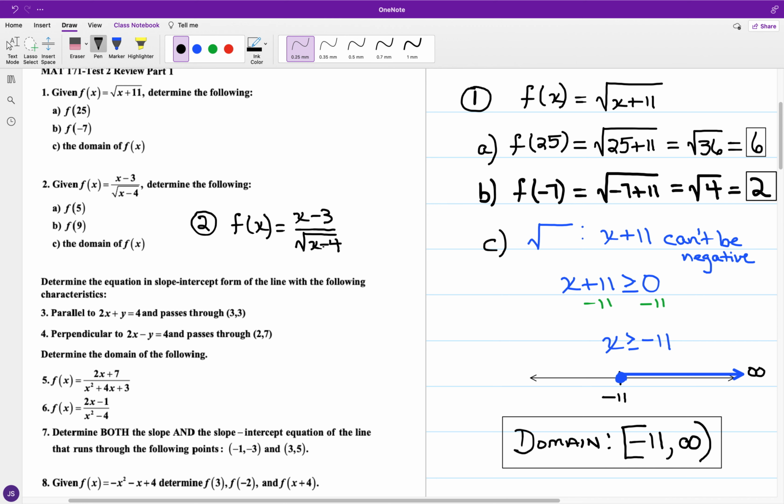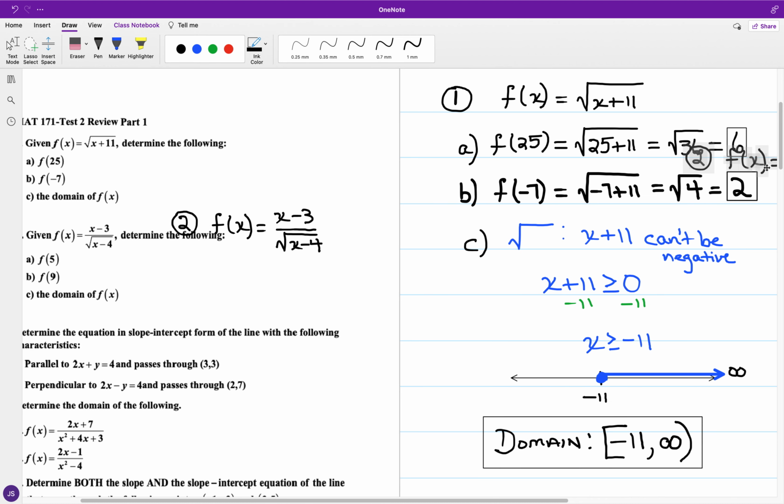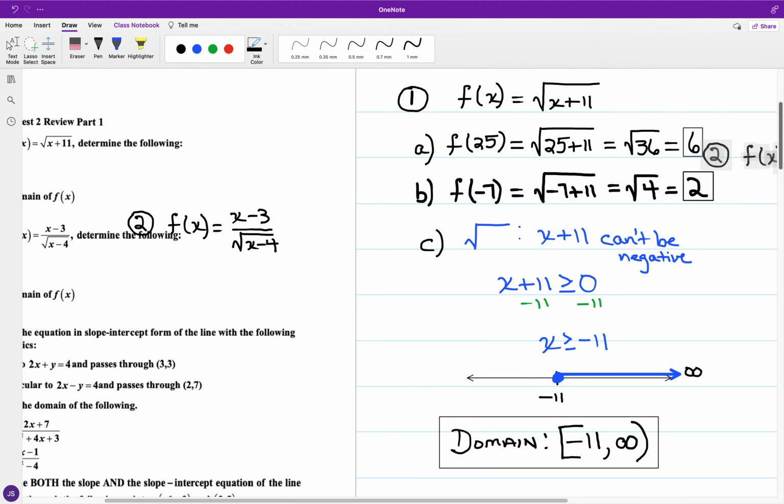In this exercise, we're looking at outputs for a couple of specified inputs, and again, we're looking for the domain also for this function. The first input value we're going to have is 5.